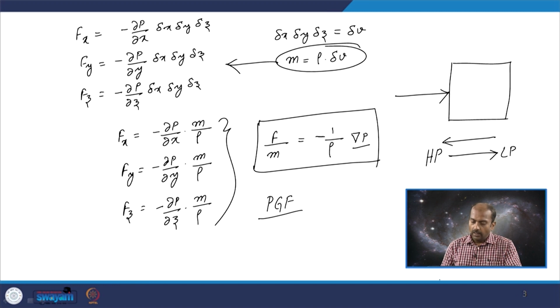That is the idea. The pressure gradient force is the basic reason why an air mass moves from one point to another, from high pressure to low pressure. We will discuss the remaining types of forces in the subsequent classes.